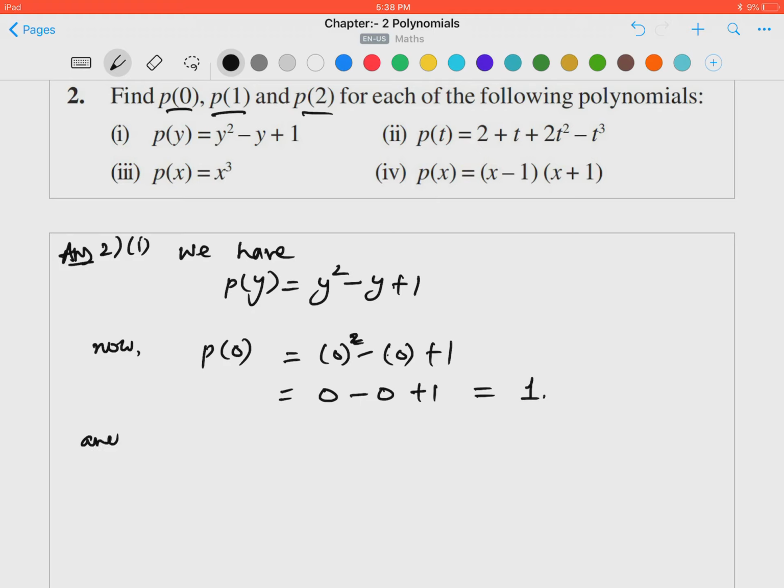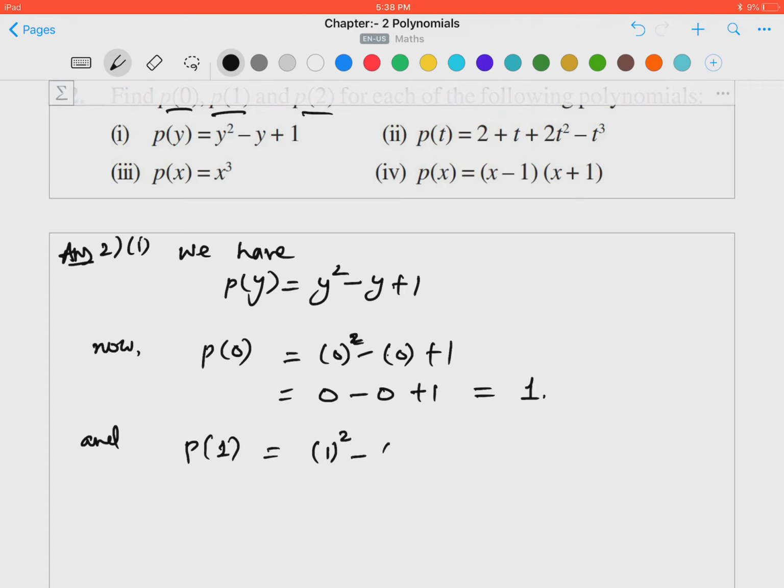Now we have to find p(1). That means at the place of the variable we'll write 1. So at the place of y we'll write 1 square, not plus, it's minus, again at the place of y we write 1, and then plus 1. 1 square is 1, then minus 1, then plus 1.